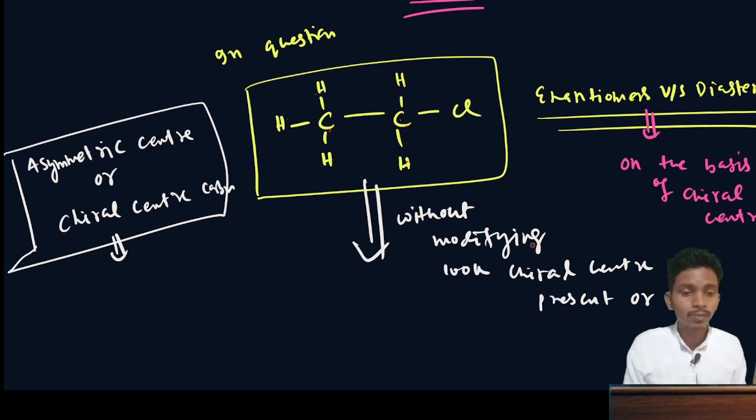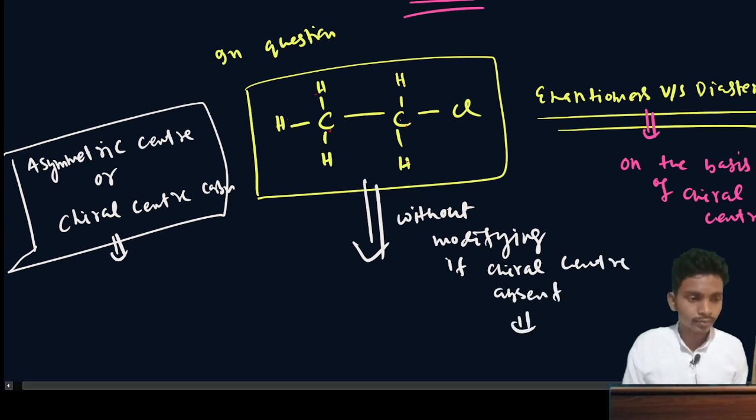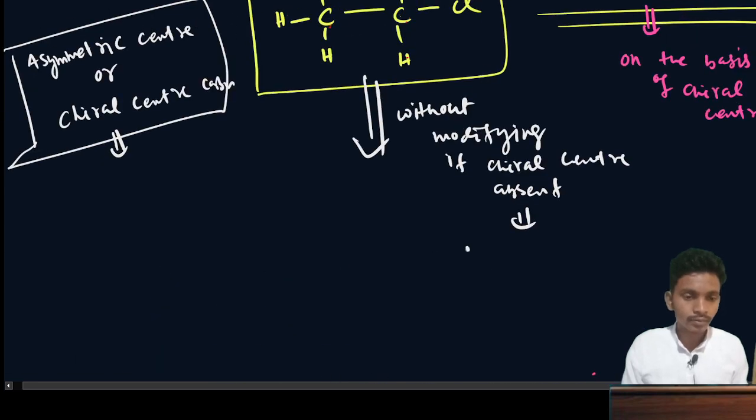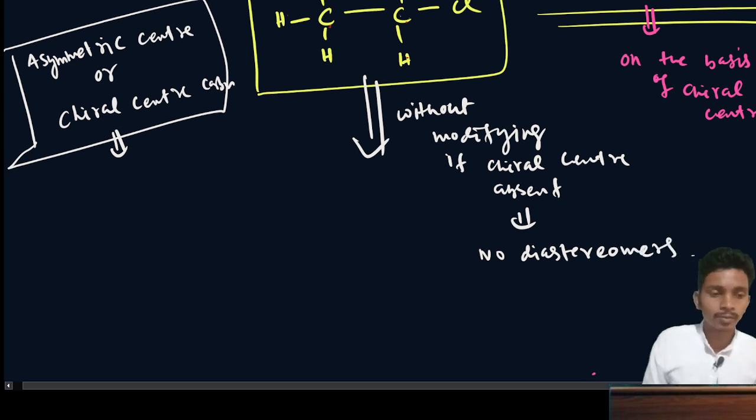So without modifying, if the chiral center is absent, then diastereomers are not present.